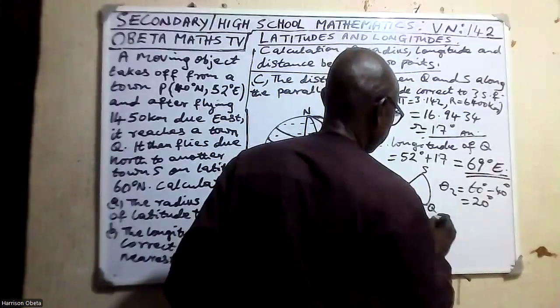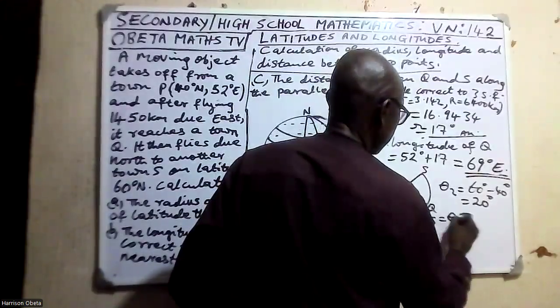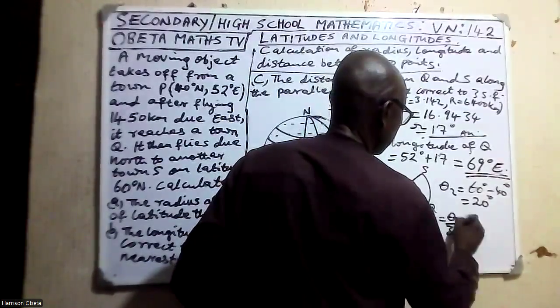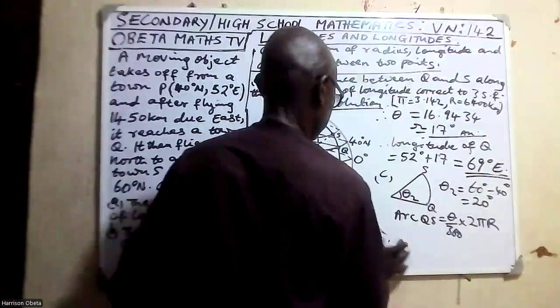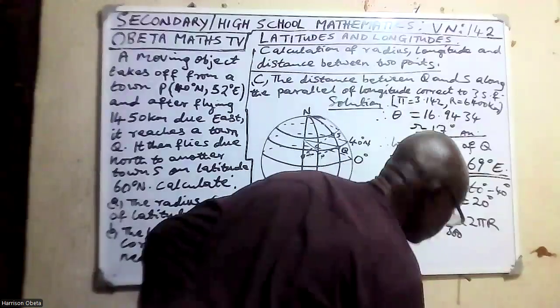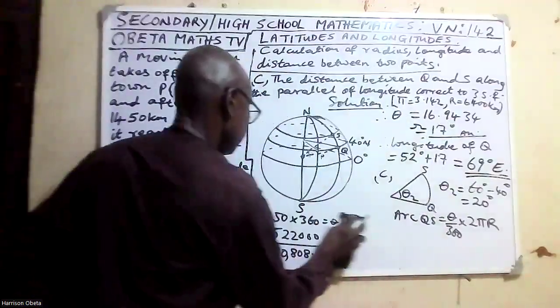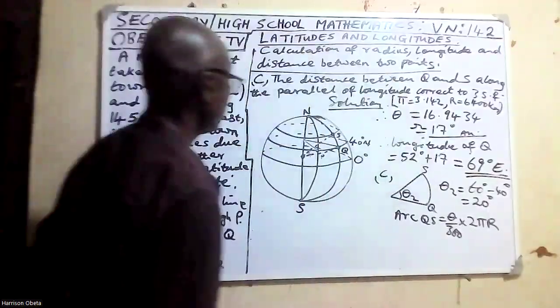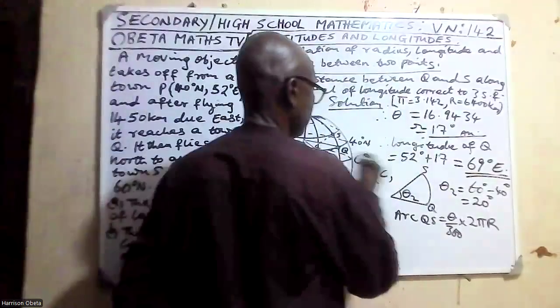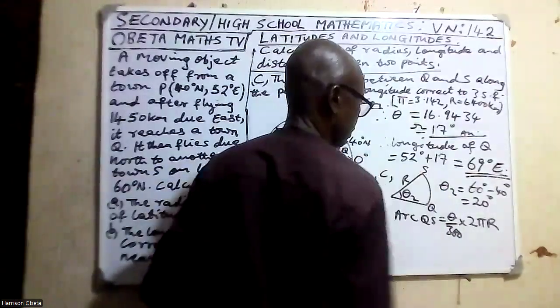So our QS is theta over 360 times 2 pi capital R. We are saying capital R because this will be our big center.